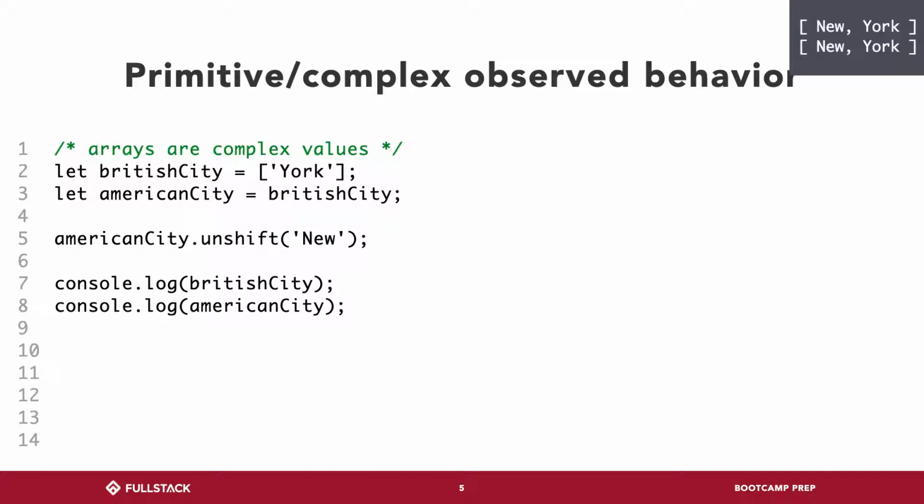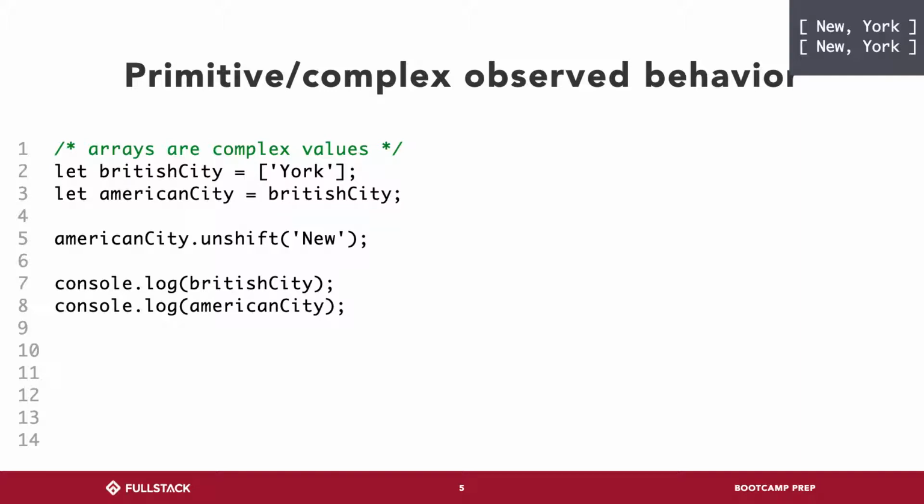You're setting American city equal to British city, but British city is equal to a complex value. So it's saying, okay, this value is complex, I have to give you a reference. So it gives it the reference. Now the reference is just one value.